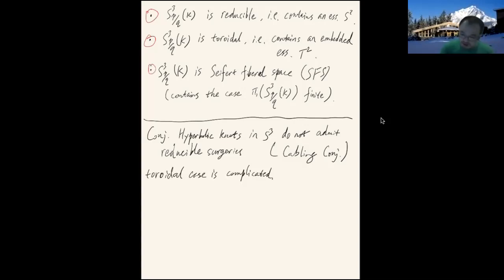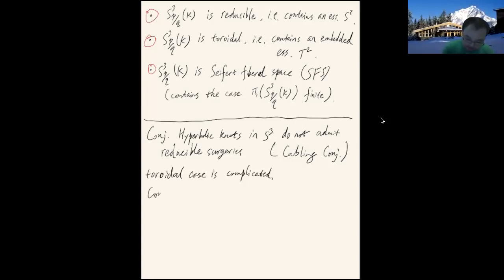Now the last case. In general there is no good conjecture about Seifert fiber surgeries, but at least when pi 1 is finite, there is a conjecture.